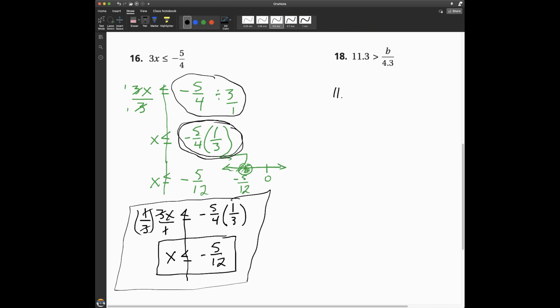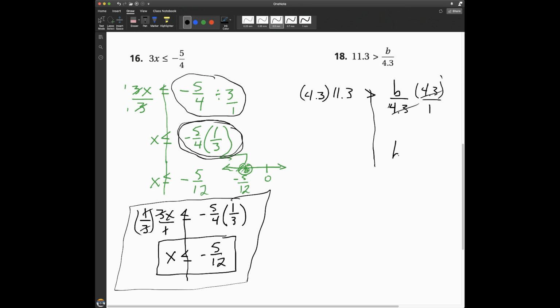All right, number 18. So I have 11.3 is greater than b divided by 4.3. And I want to get b all by itself, so I know I need to multiply this side by 4.3. And I need to multiply this side by 4.3. And there's cancellation that happens.